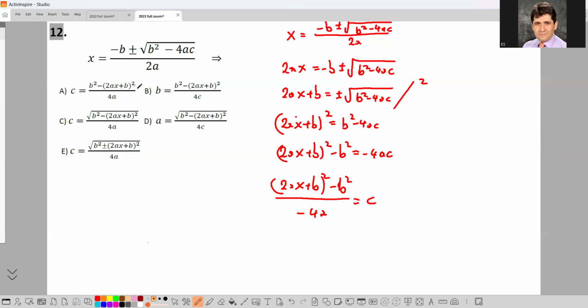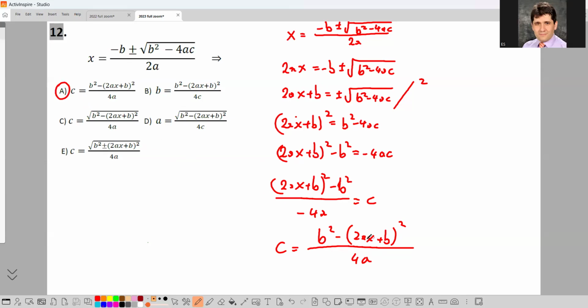I don't see this expression among the options, but if I take this negative sign and apply it to the numerator, I get b squared minus 2ax plus b all squared, over 4a. And this actually corresponds to option A.